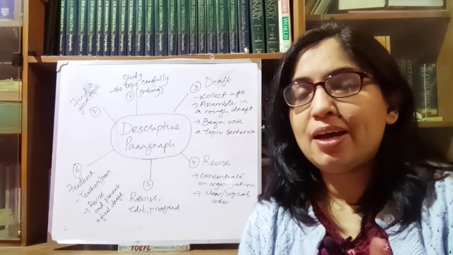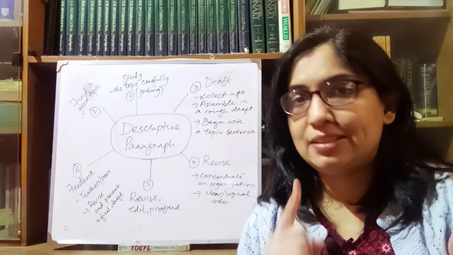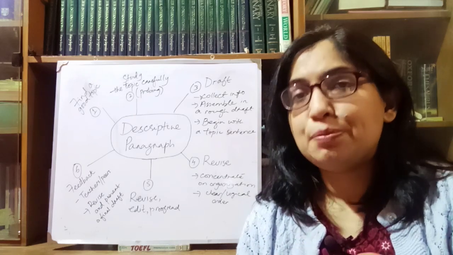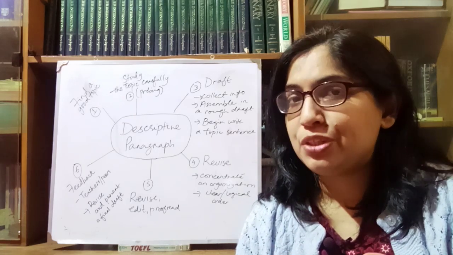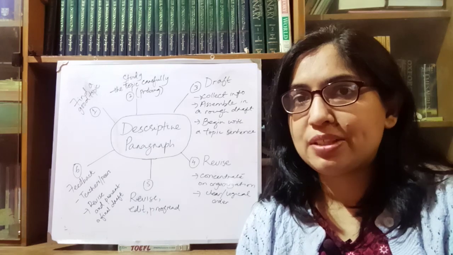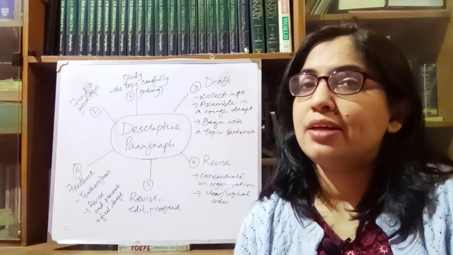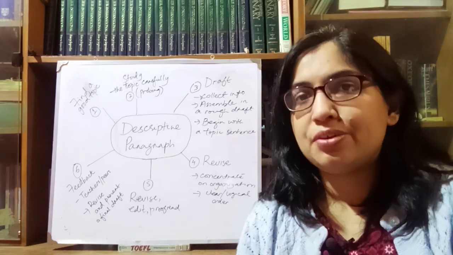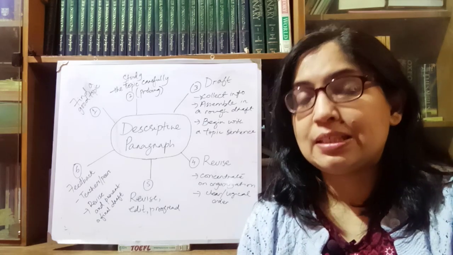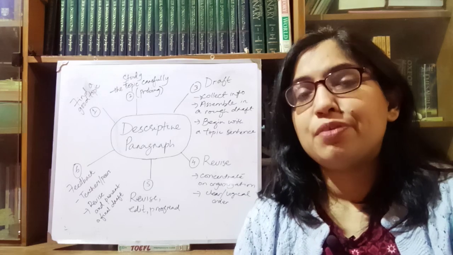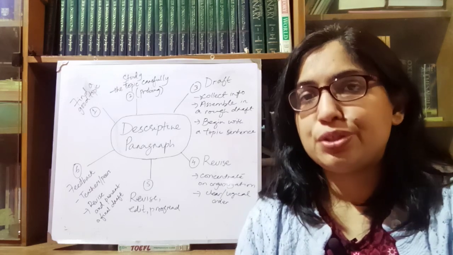Let me give you a recap. First, you have to choose a topic. Step number 1, choose a topic. Number 2 would be to collect information about it. Carefully read about the subject. Number 3 is to draft. Make a draft, and everything should be according to one central idea that is known as topic sentence. Then you have to revise the draft for organization, for logical order.